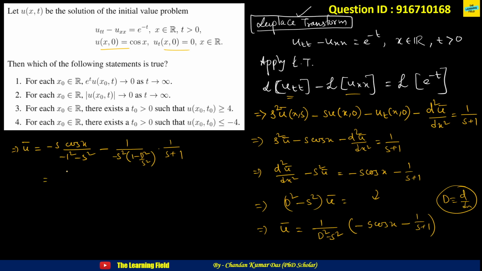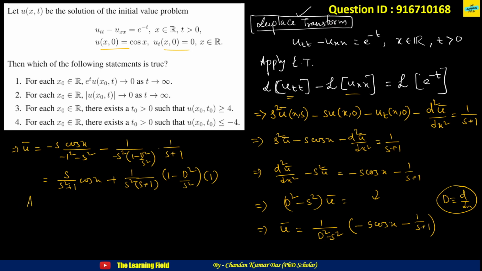So this is equal to s by s square plus 1 times cos x, plus 1 by s square into s plus 1, into 1 minus D square by s square operating on 1, because these are independent of x. So now this is the case.